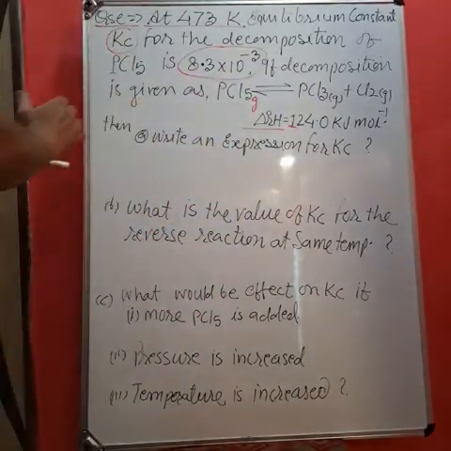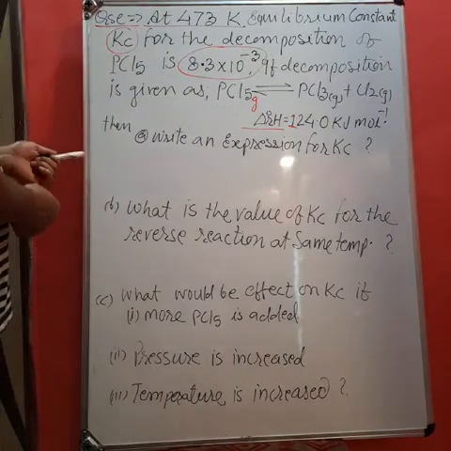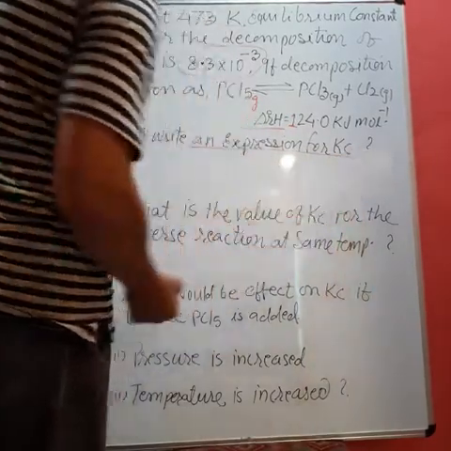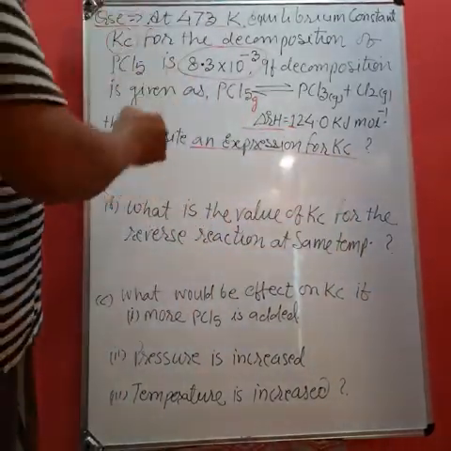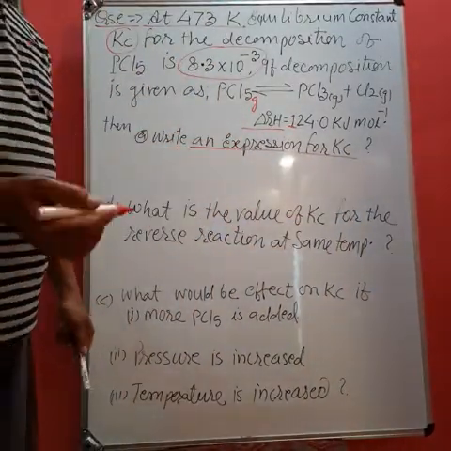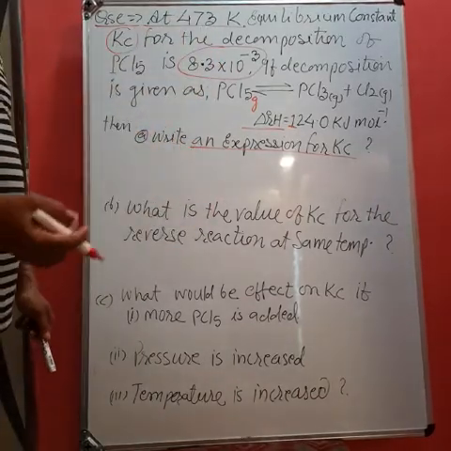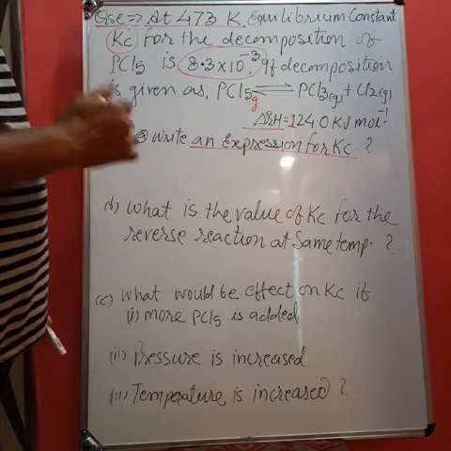Now we have to write the answers to the questions given. First one, write an expression for Kc. So you all know what Kc is. It is the ratio of the concentration of product by concentration of reactant.